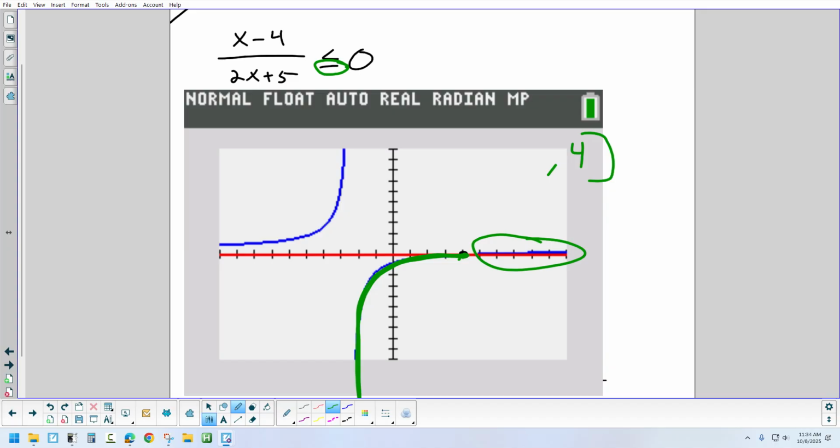Is there any x value you would not be allowed to plug into the bottom? -2.5. Why? What would happen if you plug in -2.5 right there? You get 0 in the bottom. And then what happens if you have 0 in the bottom of a fraction?